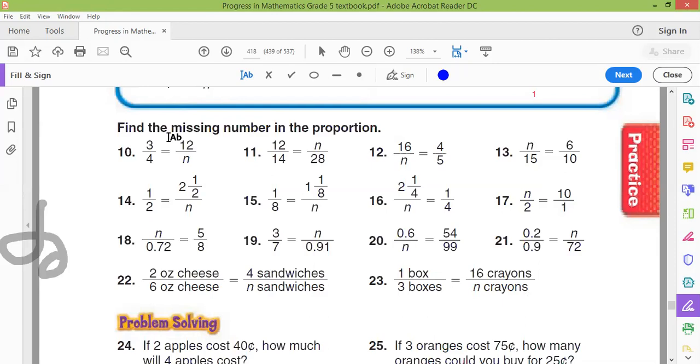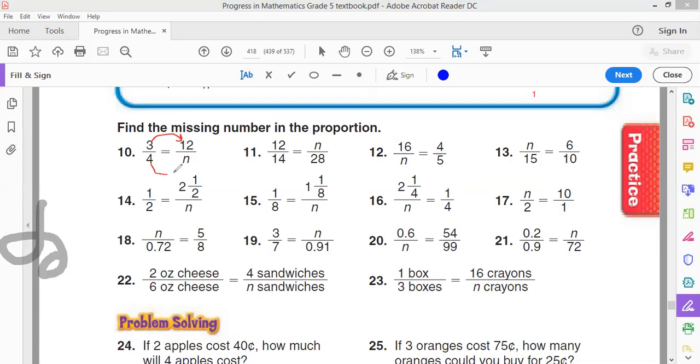Abdul Mohsin is not here. Hassan, you tell me. 3 times 2. Should I explain? Okay, look at this. 3 is changing into 12. How can you change 3 into 12? Multiply by what? Multiply by 4.